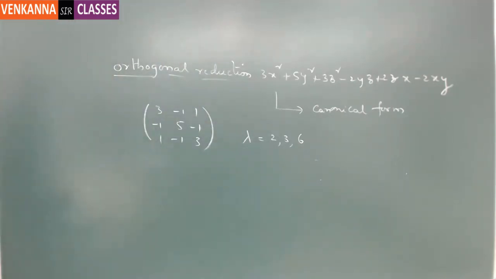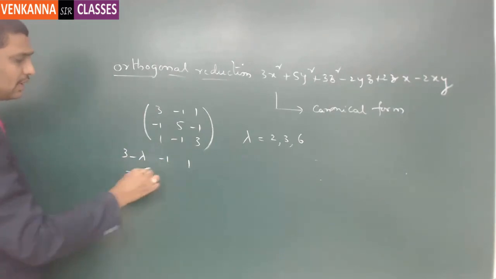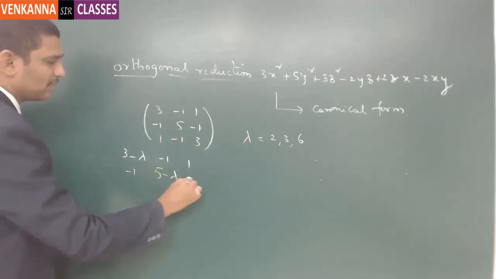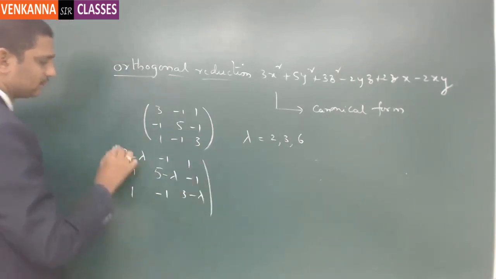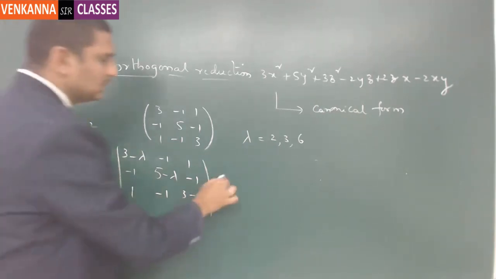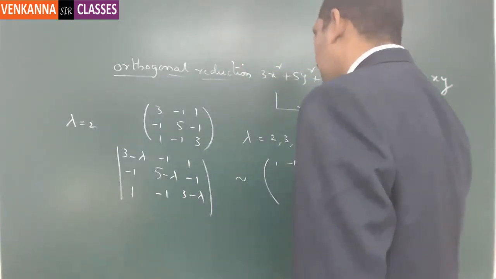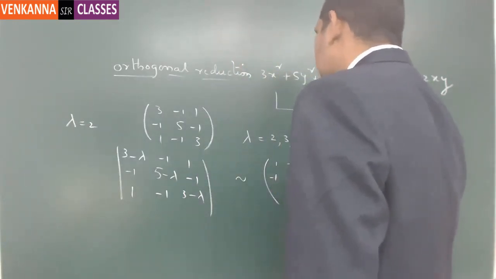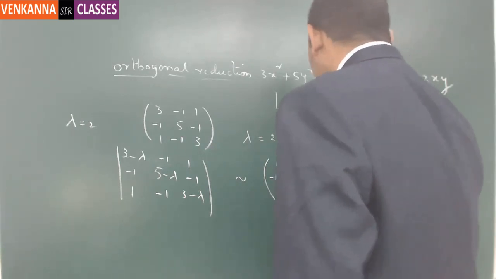So the determinant of A minus lambda I is | 3 minus lambda, -1, 1; -1, 5 minus lambda, -1; 1, -1, 3 minus lambda |. If you substitute lambda equal to 2, the equivalent matrix will be [1, -1, 1; -1, 3, -1; 1, -1, 1].